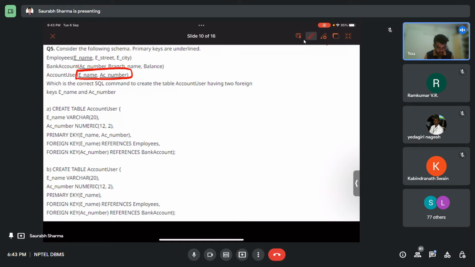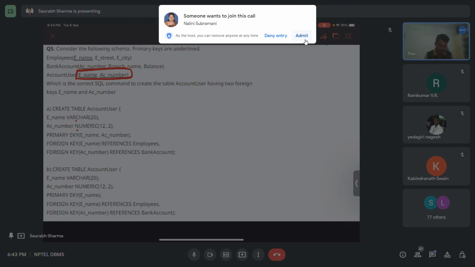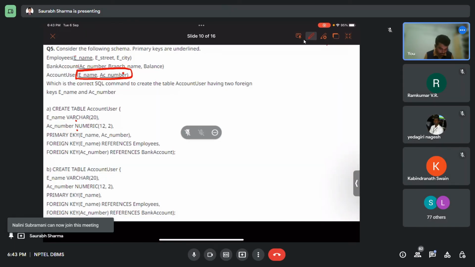First is create table account user, name, account number. The primary key is composed of these two attributes, and we have two foreign keys, name and AC number.